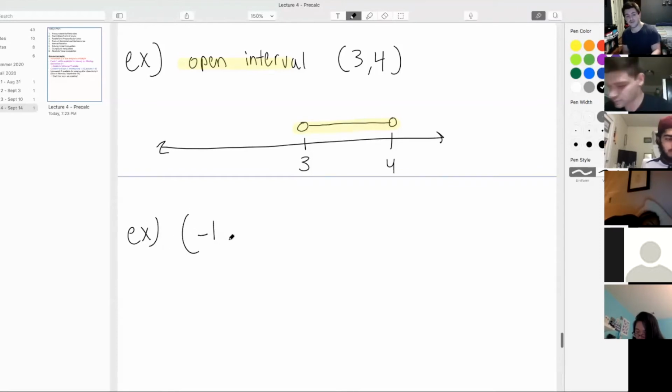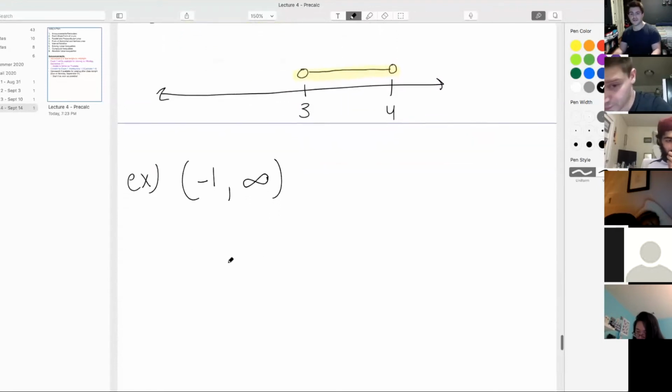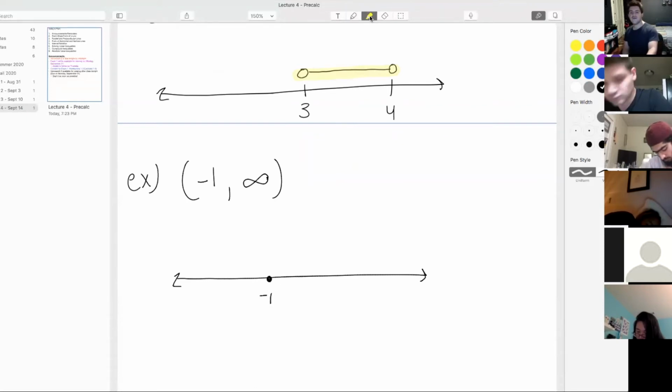Let's do -1 comma infinity. What's this going to look like on the number line? Again, let me draw the real number line. I'll put down -1 here. We have a parenthesis next to -1, which means we're not including it in our set, so I'll put an open circle above it.